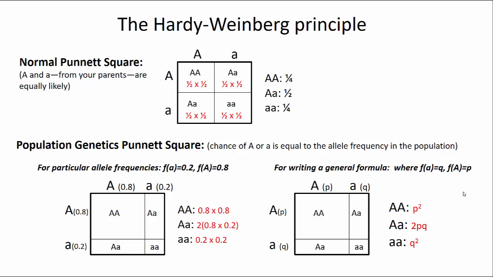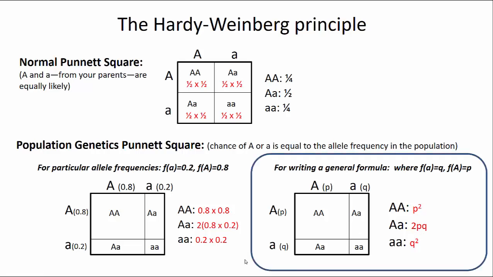There are two ways to be heterozygous. That would be P times Q, and since there are two ways, we multiply that by 2. So this down here on the right is the Hardy-Weinberg principle. It says that if you know P and Q, it will predict the genotype frequencies that you will observe.